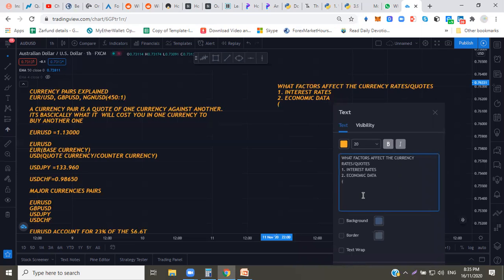One is www.investing.com. Two is www.forexfactory.com.